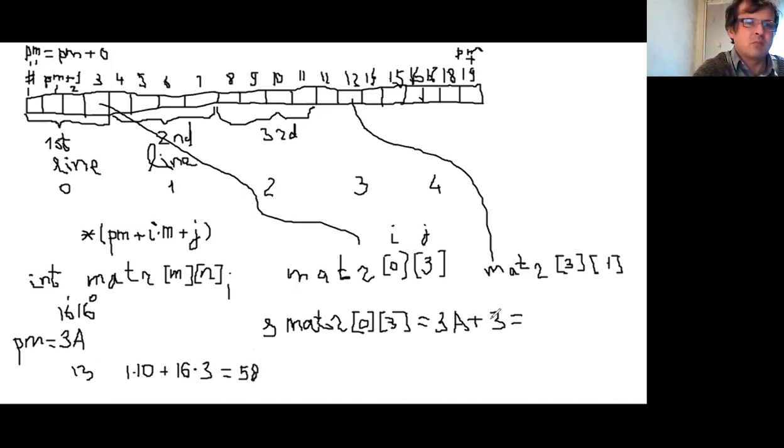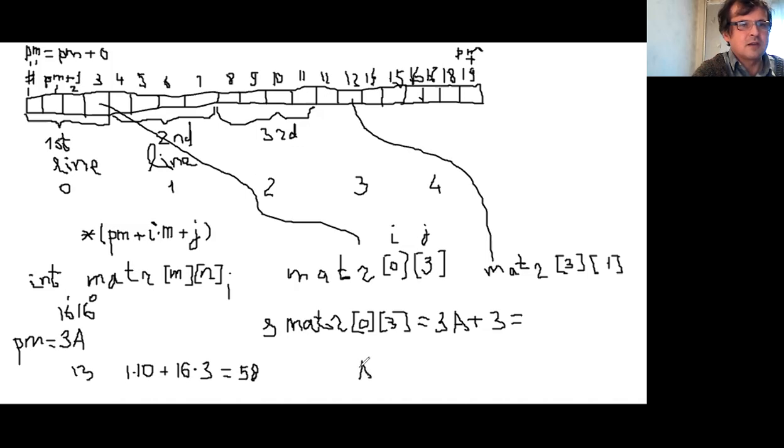So 3A plus 3. How to record it in the hexadecimal system? So 3A, we add 3 to A. A or 10 plus 3 is 13. What is 13 in hexadecimal?